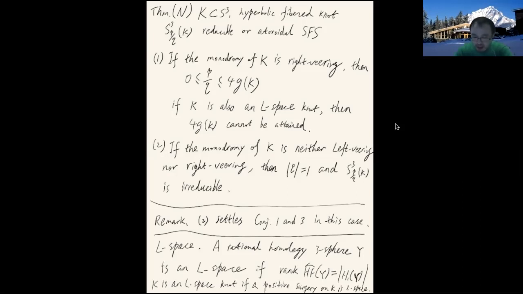So another concept I need to explain is right-veering. This is something probably less well known to people. Let's say F is a compact oriented surface with boundary.